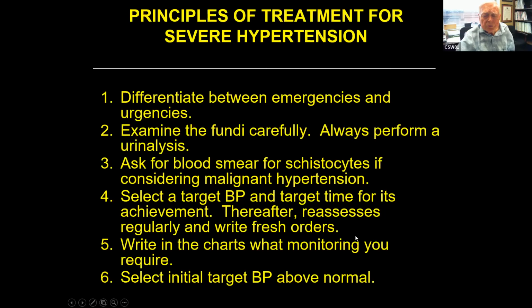Write in the charts what monitoring you require, and select an initial target blood pressure that's a little above normal. Never try and fully correct a severe situation to normal in the matter of minutes, because you may have got the diagnosis wrong and you may have to reverse track here if it wasn't, for example, a cerebral hemorrhage, but really a cerebral thrombosis.